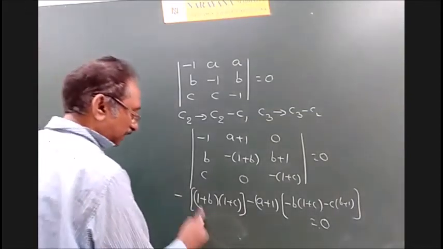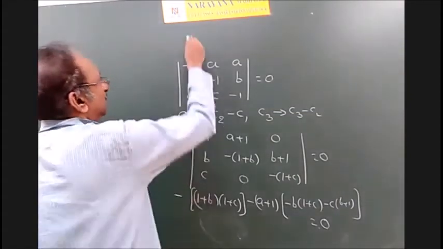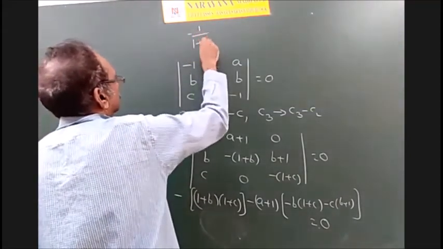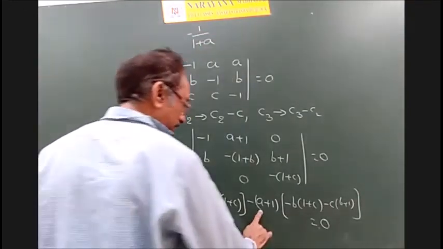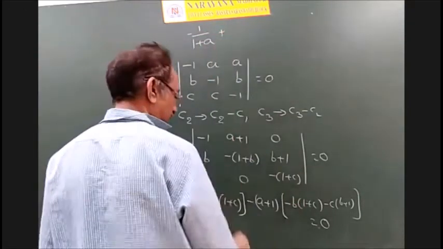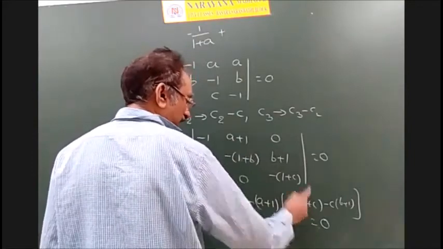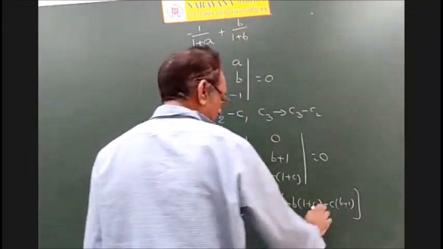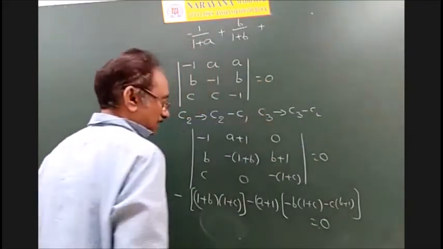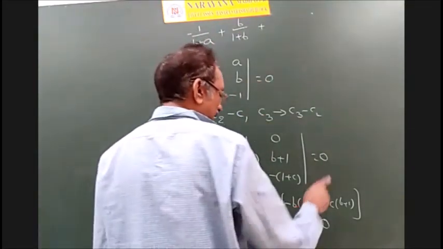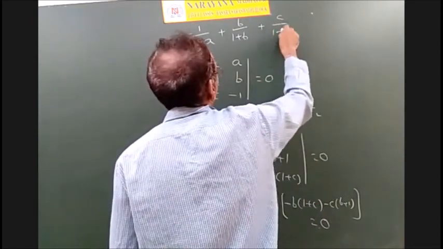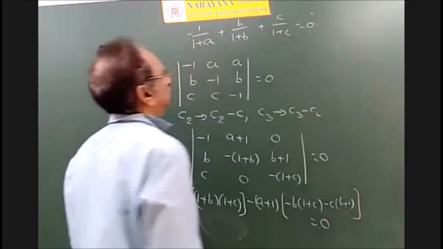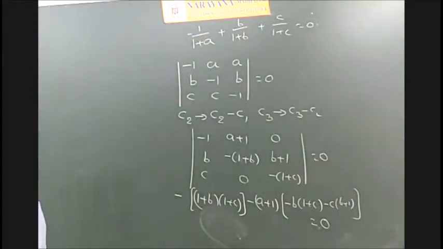So if I divide with 1 plus a, 1 plus b, 1 plus c, I will get minus 1 by 1 plus a here. This into this plus. If you cancel a plus 1, a plus c, you will get b by 1 plus b, minus into minus plus. And if you cancel a plus 1, b plus 1, you will get c by 1 plus c is equal to 0.